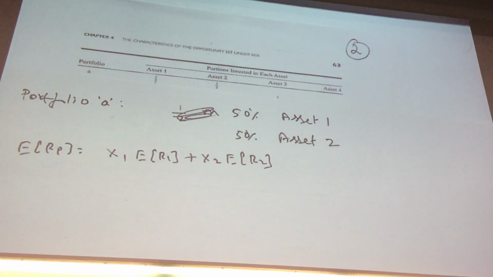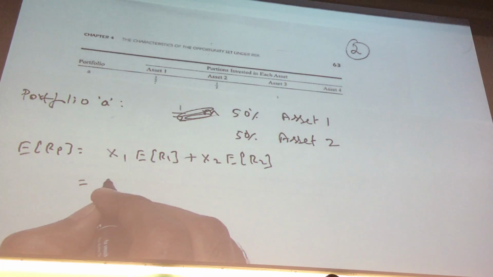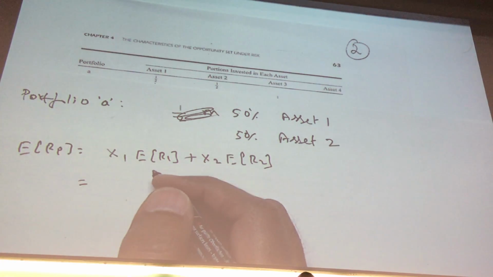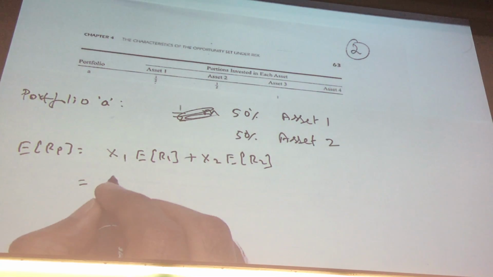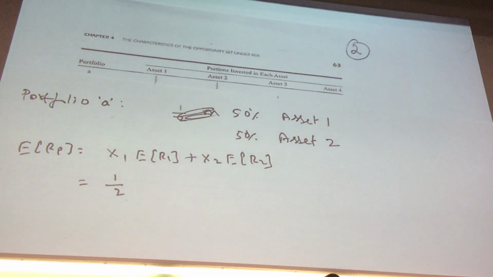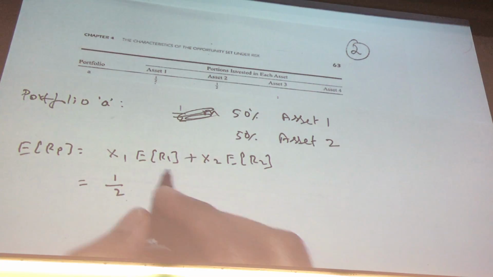Okay. And x1 equals 0.5 or half. Otherwise you may get. And expected value of R1, the first asset's return, is 12.